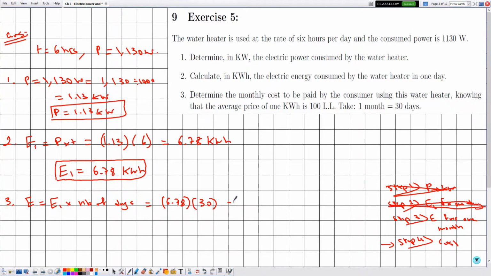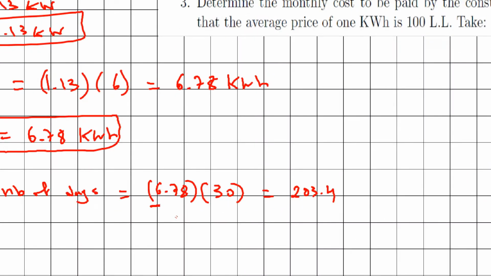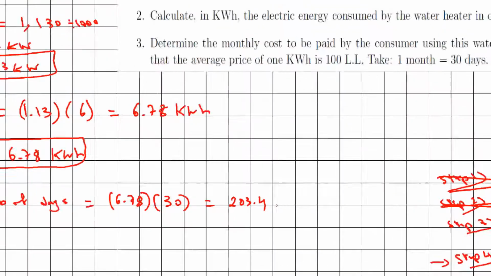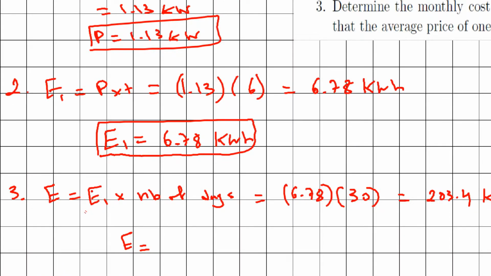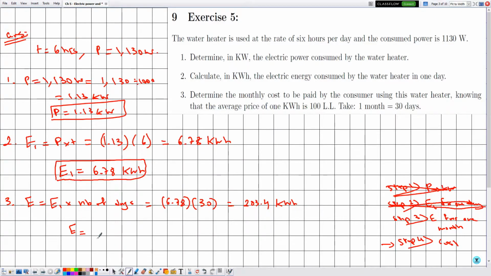Now plugging this in the calculator, the answer is 203.4. Since this is expressed in kilowatts hour, then this value is expressed in kilowatts hour. So now E, this energy, represents the consumed energy not for 1 day but for 1 month, because simply we have multiplied E1 by the number of days.